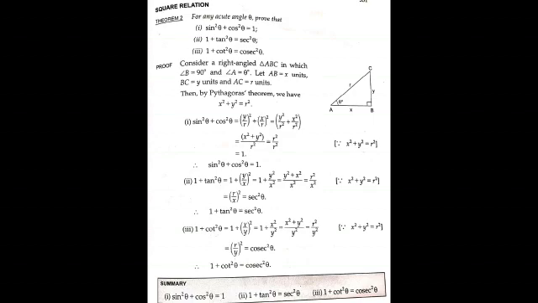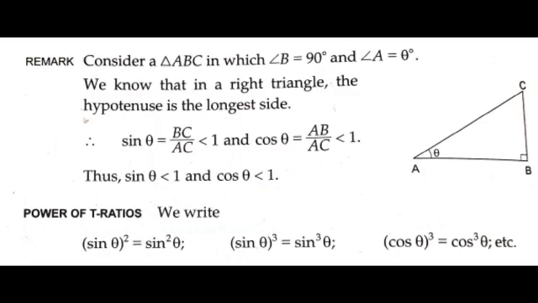Again using in place of x square plus y square, r square, we have r square by y square, which can be written as cosec square theta. Therefore we have 1 plus cot square theta is equal to cosec square theta, and again it is tabulated here for you.